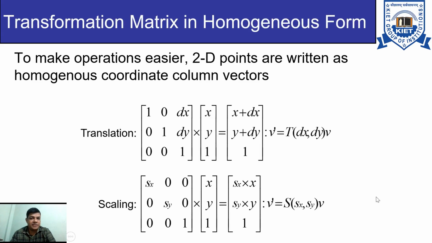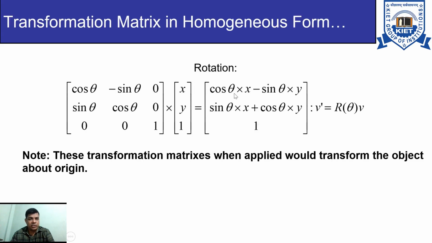Similarly, we can represent scaling as sx 0 0, 0 sy 0, and 0 0 1. So this is the way to represent translation, and this is the way to represent scaling. Now rotation, we have already seen the equations.